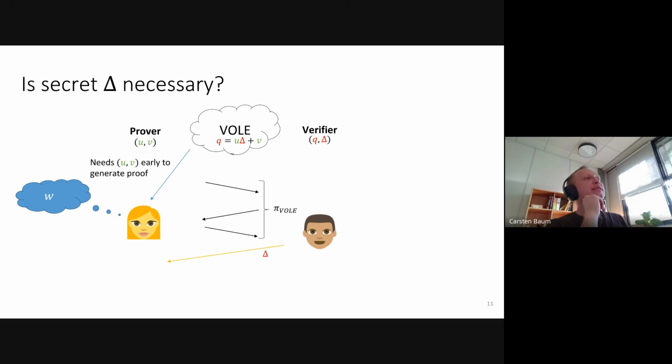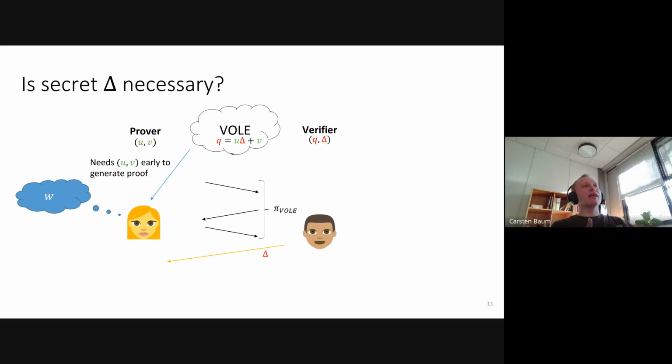And the interesting thing is, at this point, the prover has now finished her whole proof, anything that is based on U and V, and so on. If she does learn delta at this point, this is not of any help anymore, right? She has finished her proof.